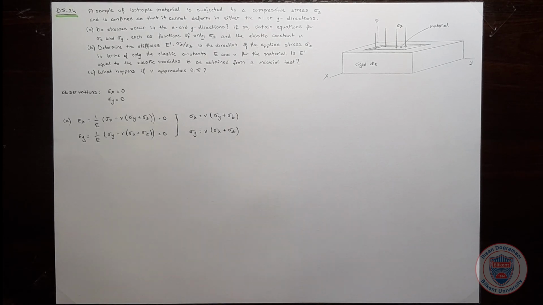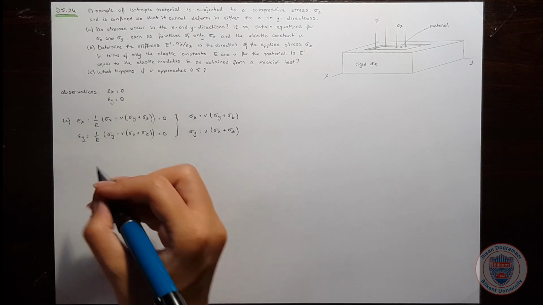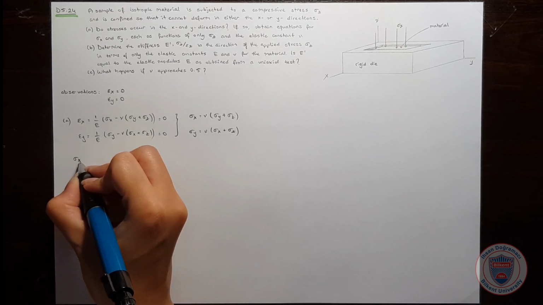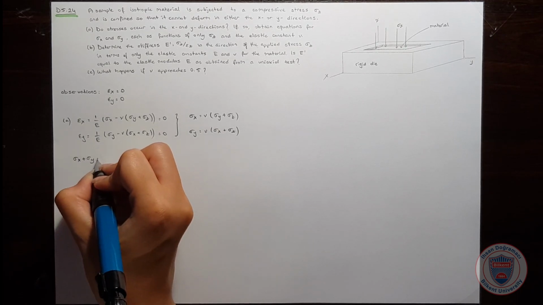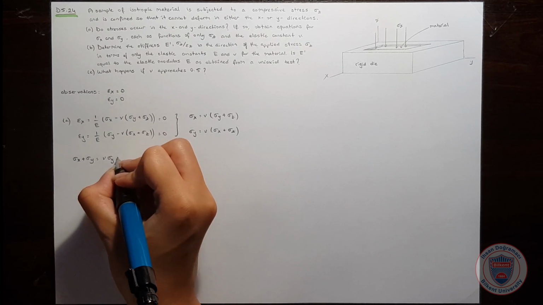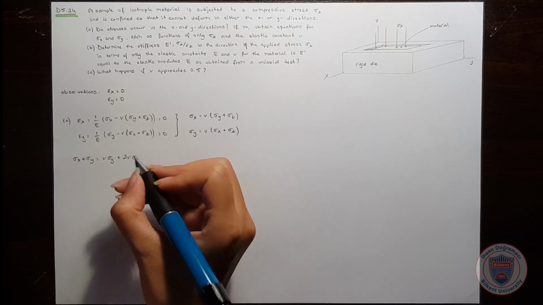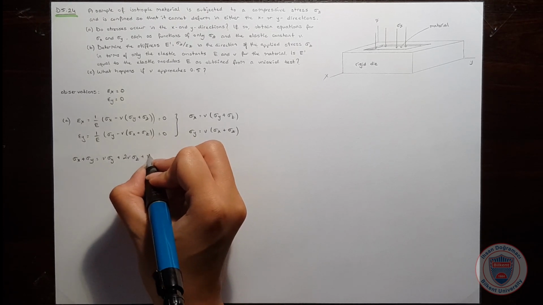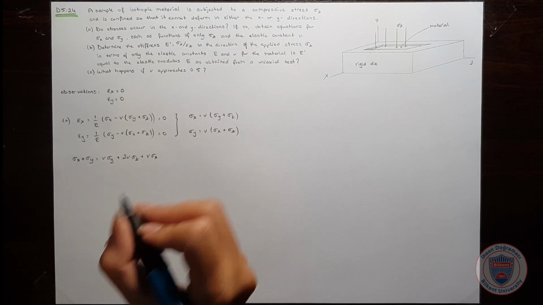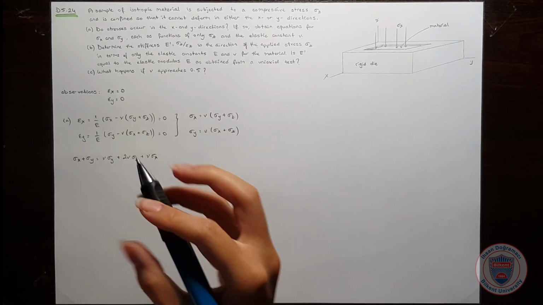We will make some arrangements so that we can find the equations for sigma x and sigma y. Let's add them first. And we get, and now I will subtract sigma y from sigma x.